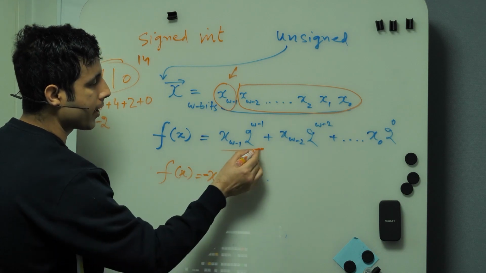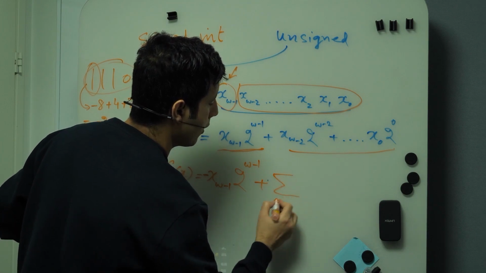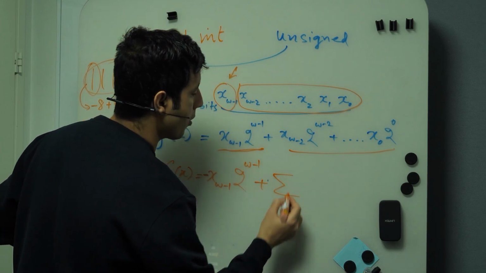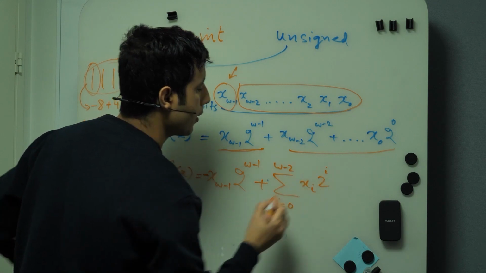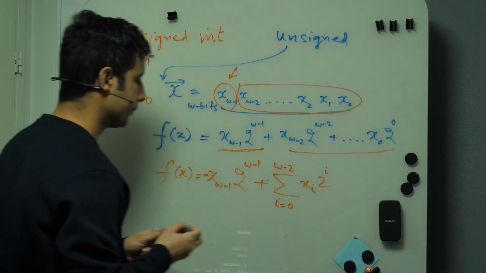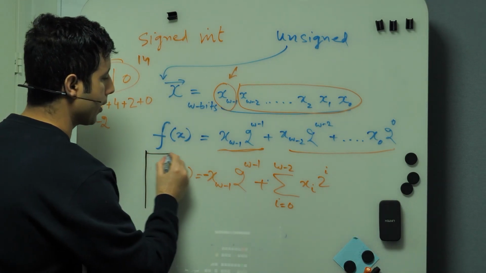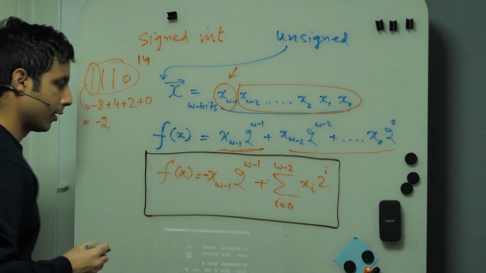The first bit has a negative weight, and the rest we sum up, i from 0 to w minus 2, x i times 2 to the i. So this would be the mathematical formula for signed encoding.